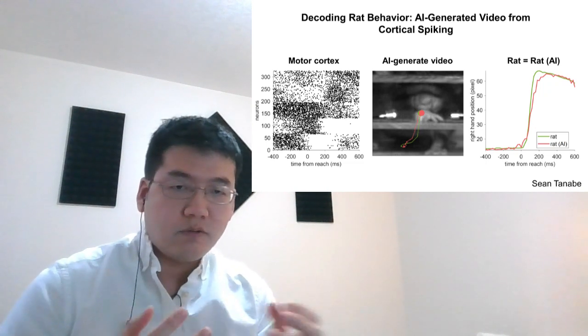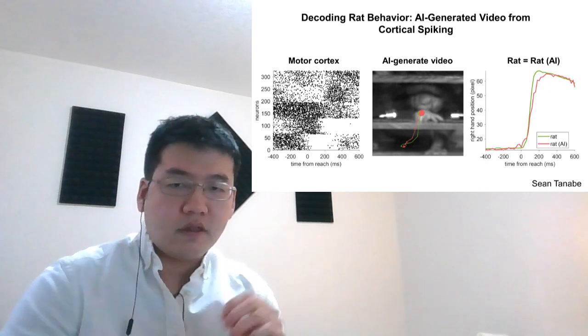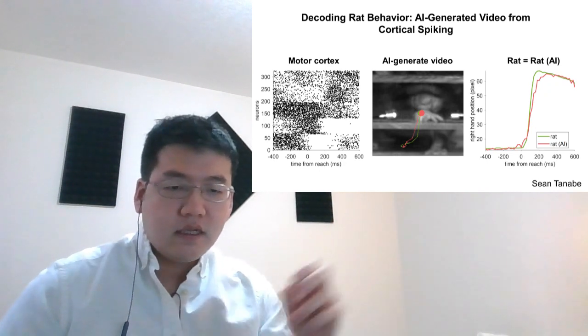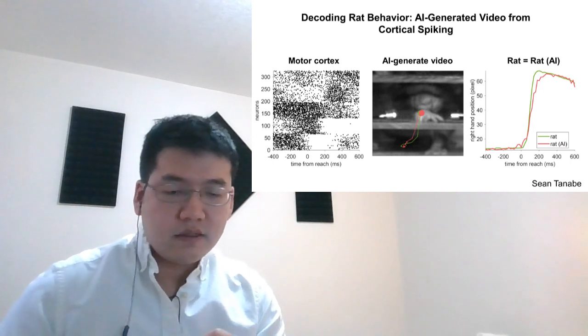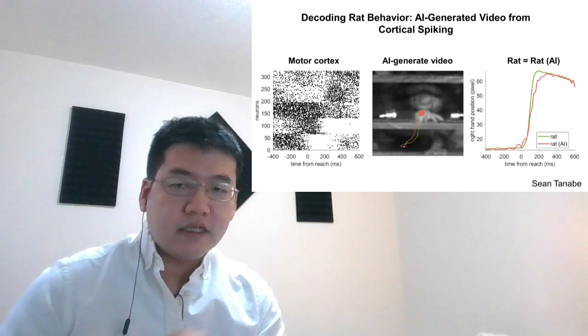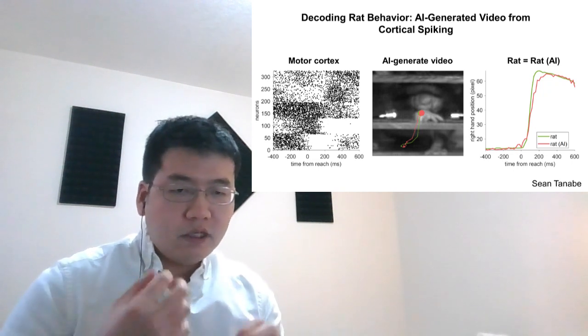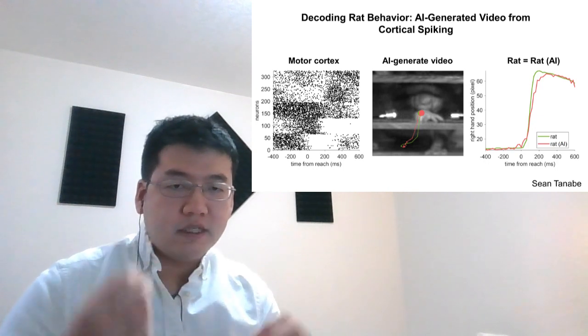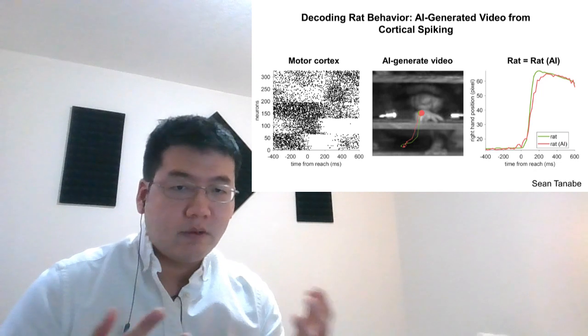Once we have these spikes recorded, we can feed them through an AI which generates frames of the video of the rat reaching, which creates a fake AI video created just from the spikes. Why we would want this is so we can compare it against the real video of the rat reaching, and we could see which features of the video and the rat reaching the spikes are able to recreate and what features it wasn't able to recreate.